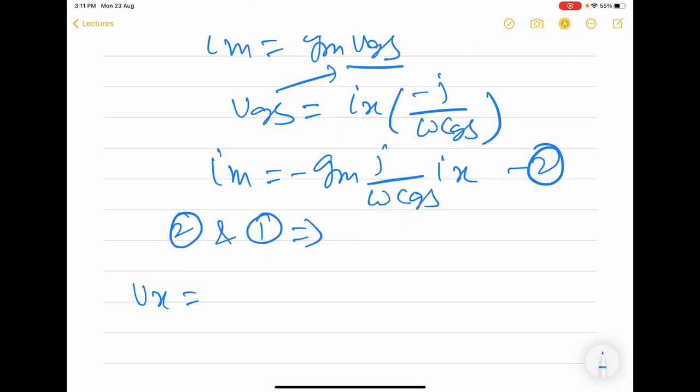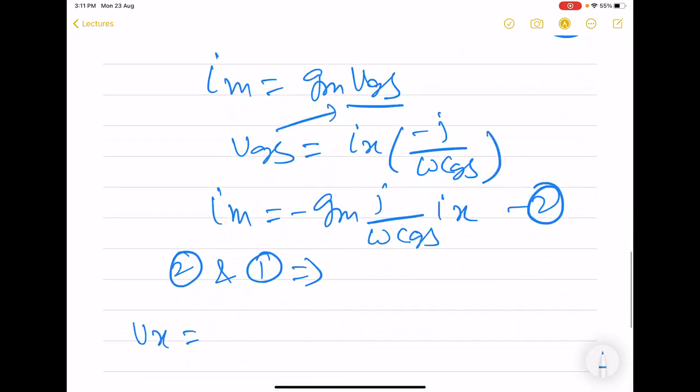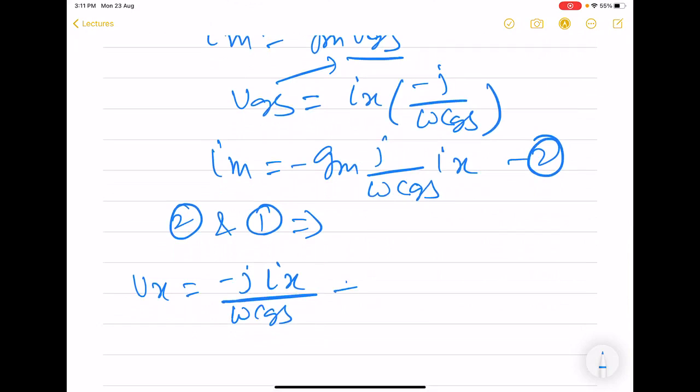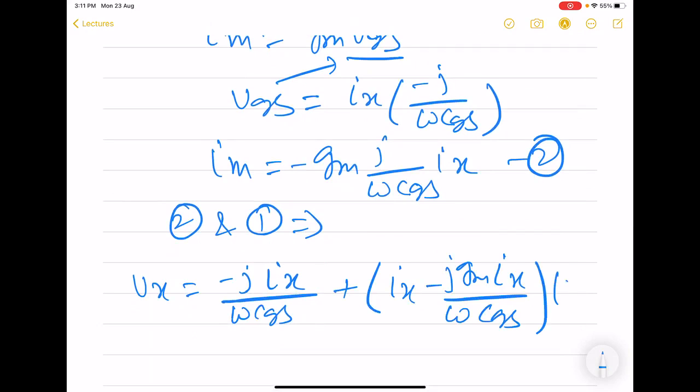Vx is equal to minus j Ix by omega CGS plus Ix minus gm j Ix by omega CGS, into j omega Ls.